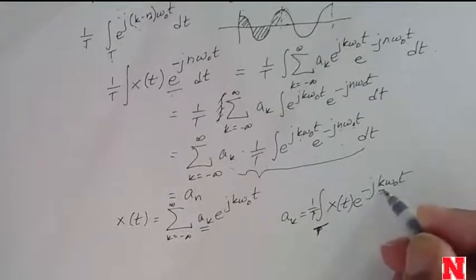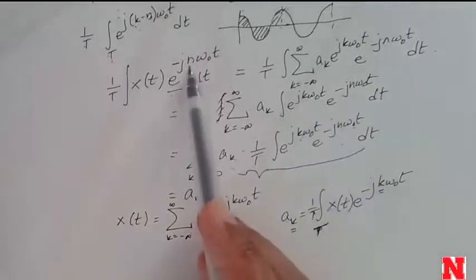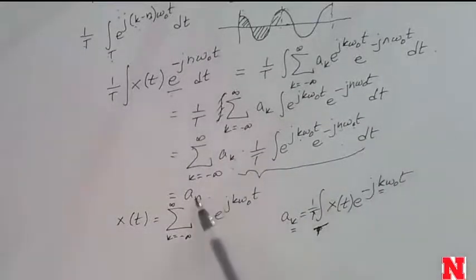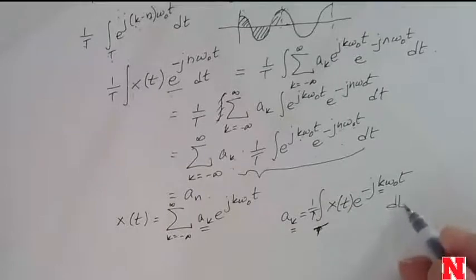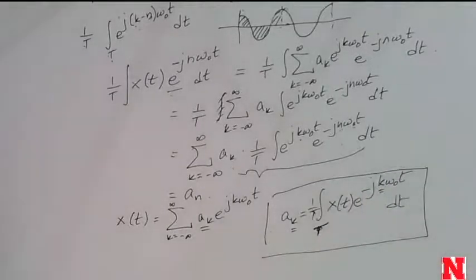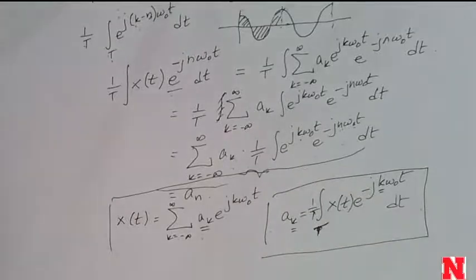So this k is the same as this k. Here I used n, so I got a sub n. I'm going to use k, so I'll get a sub k. That's it. That's the equation you need to get the coefficients, and once you have the coefficients, you can put them all together and you can get the periodic function.